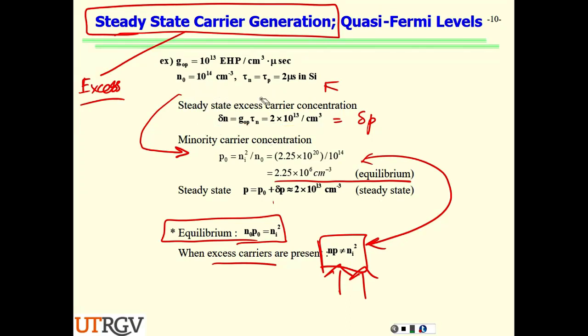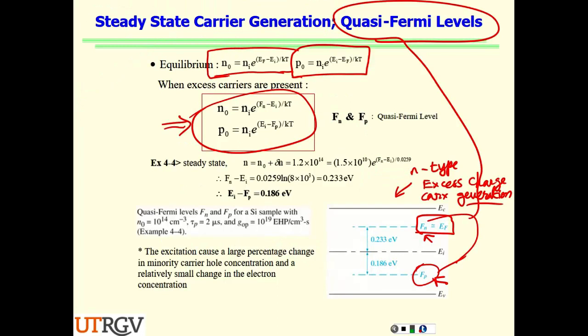So this is an important message, because this enforces the idea that we cannot just live with the Fermi levels now. We have to update Fermi levels into quasi-Fermi levels, and that is a more realistic understanding of what's happening.